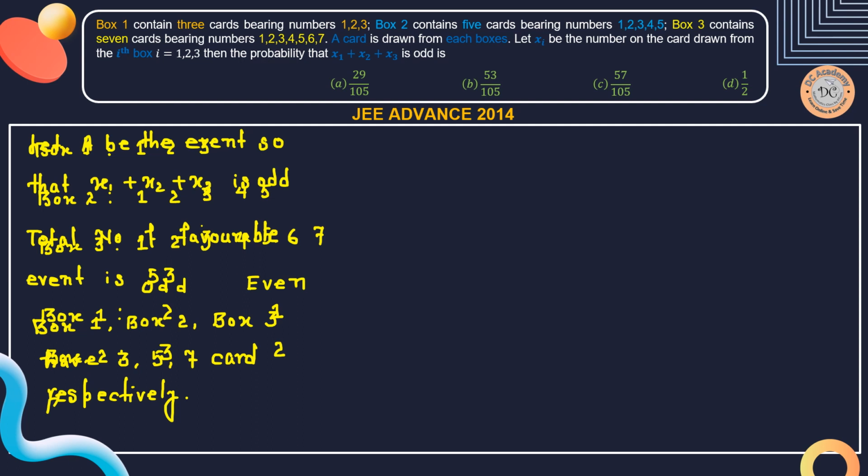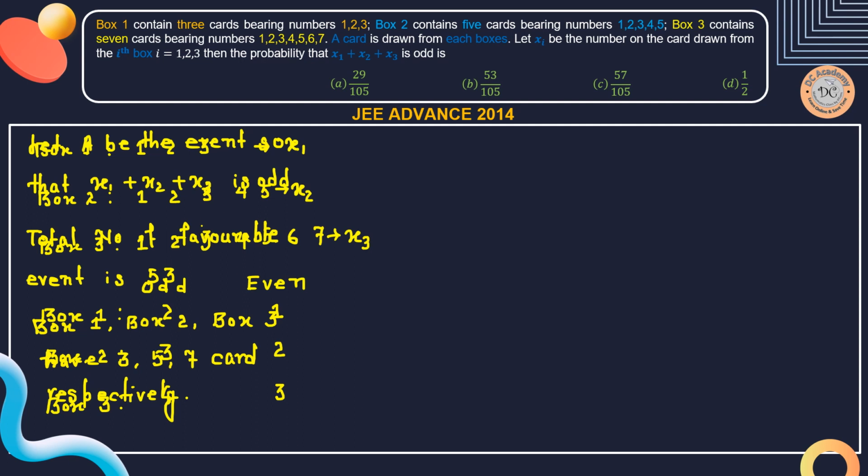And in box 3, we have four odd cards and three even cards. So these are the given conditions. Now, if I choose a card, x1 can take the values 1, 2, 3, x2 can take the values 1, 2, 3, 4, 5, and x3 will take values in the set 1, 2, 3, 4, 5, 6, 7. These are the values that x1, x2, and x3 can take.